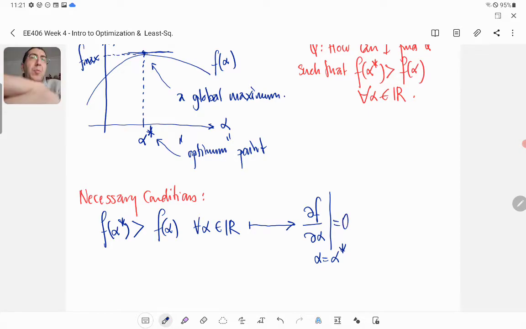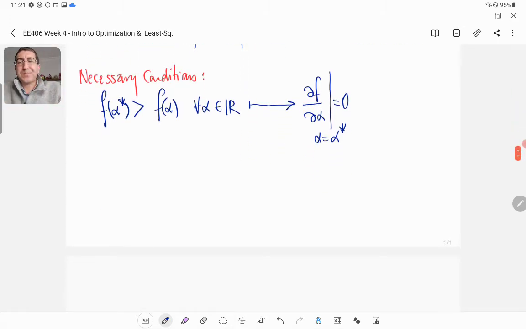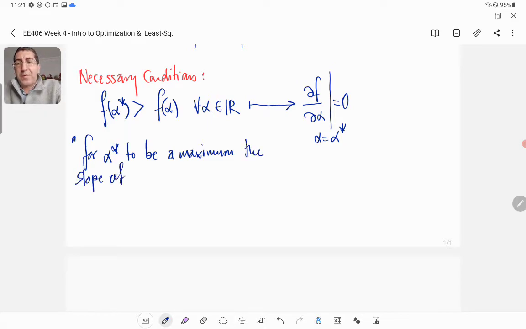That means the slope of the function at that point has to be equal to zero. So for alpha star to be a maximum, the slope of f at alpha equals alpha star should be zero.